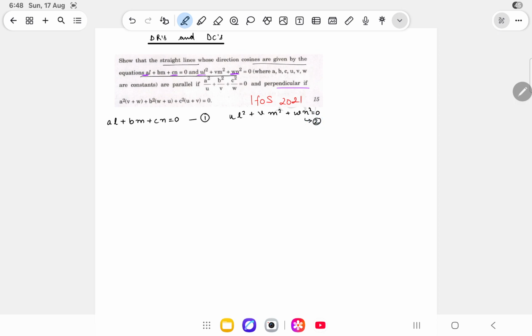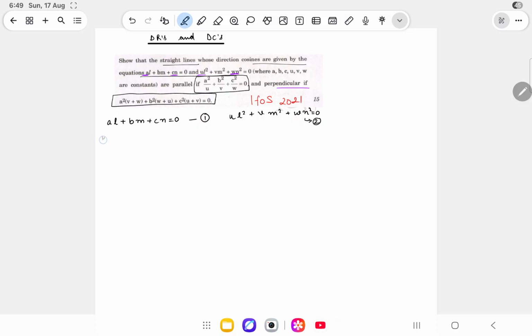They have asked us to show that if the two straight lines whose direction ratios are in this relation, they will be parallel if this holds and perpendicular if this holds.